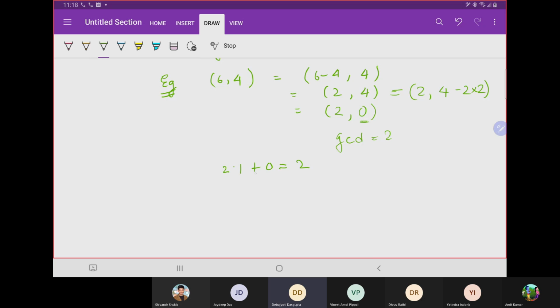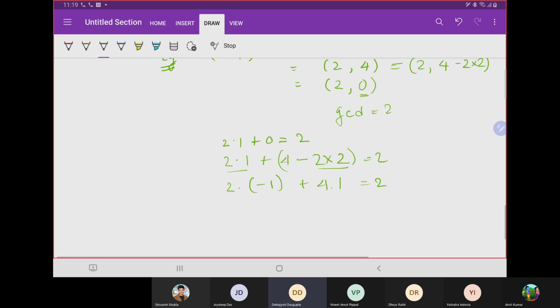How did 0 come? 0 came as 2 into 1 plus 4 into 4 minus 2 into 2, from the previous step. So I just revert this. Now I combine this 2 and this 2, so I get 2 into minus 1 plus 4 into 1 equals 2, right?